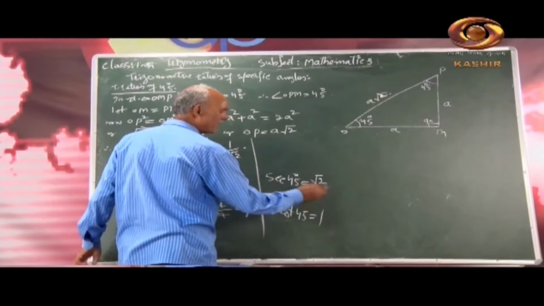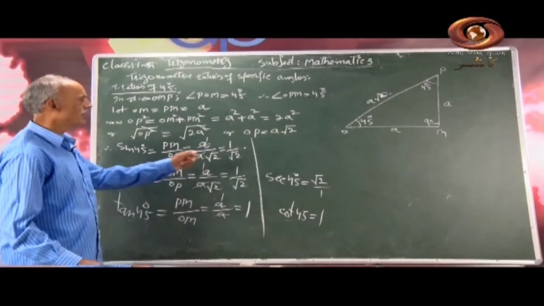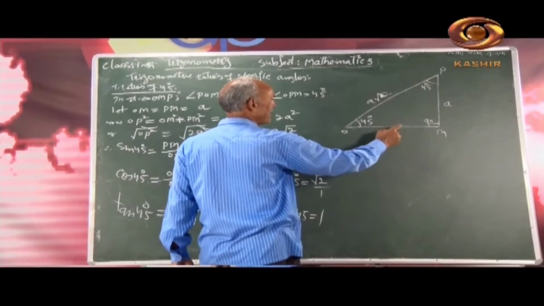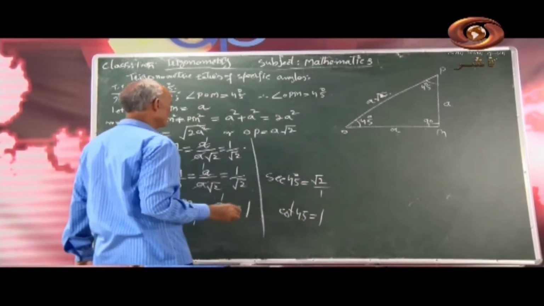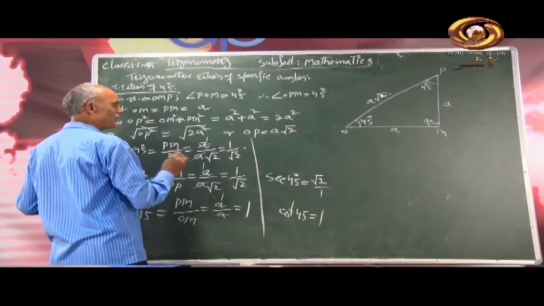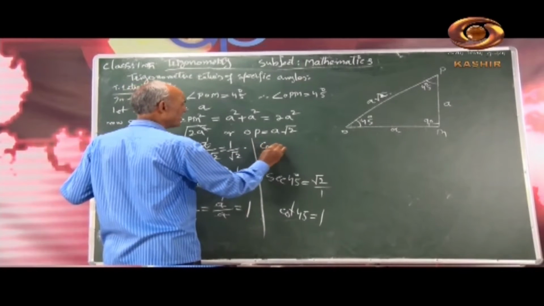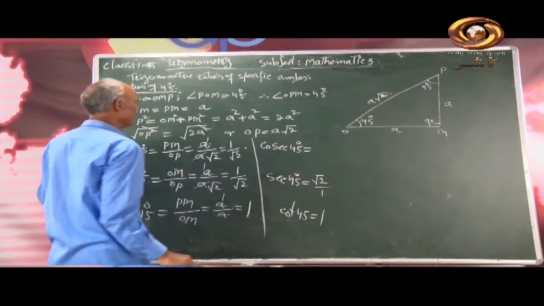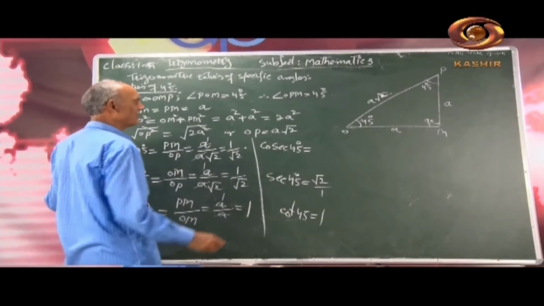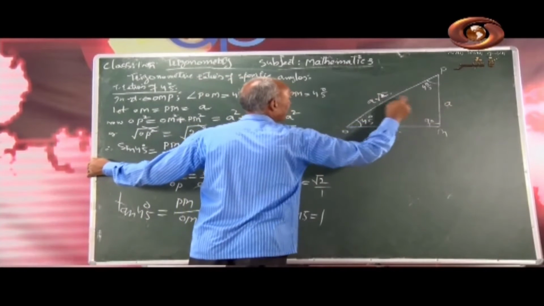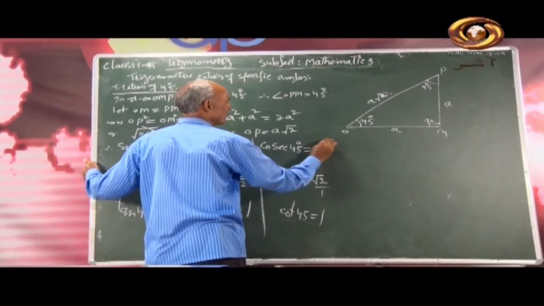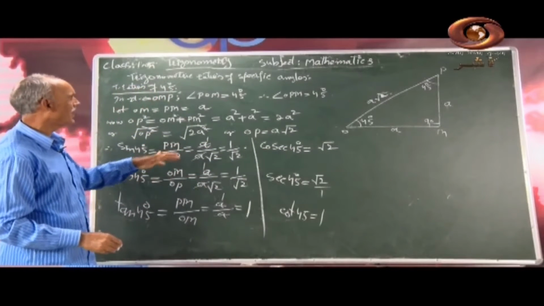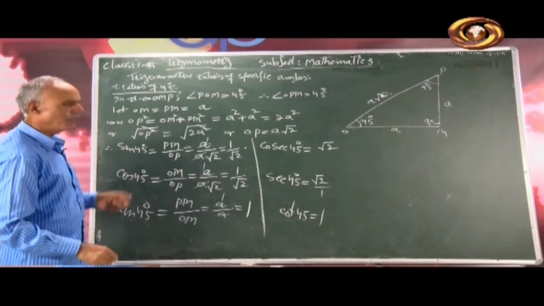We usually omit this 1, simply root 2, because this is hypotenuse by base. A root 2 by A cancel out, we get root 2. And the reciprocal of sine 45 is cosec 45 degree, which is hypotenuse by perpendicular. That is again A root 2 by A will cancel, is equal to under root 2. So these are the reciprocals of each other. So we got the T ratios of 45 degree.